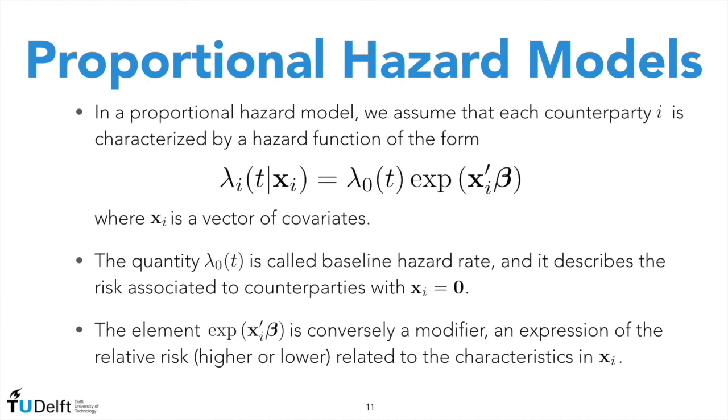The element exponential of xi prime beta is conversely what we call a modifier, an expression of the relative risk that can be higher or lower, and this modifier depends on the characteristics that we can read in xi. So in a proportional hazard model, what we are assuming is that the hazard function of each counterparty is a function of one or more covariates, and these covariates can change the risk of that counterparty.